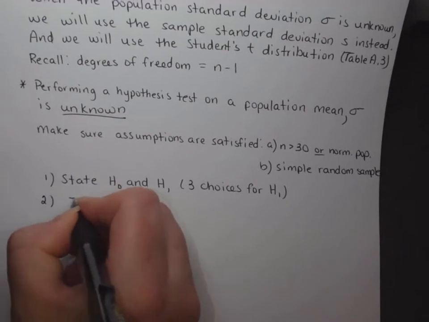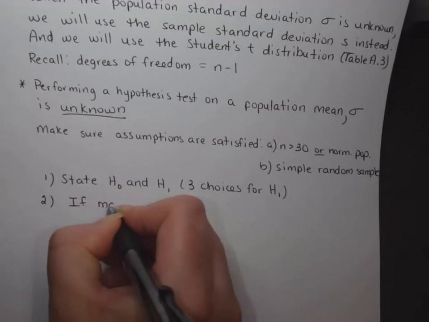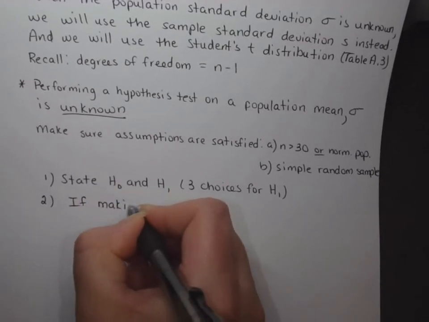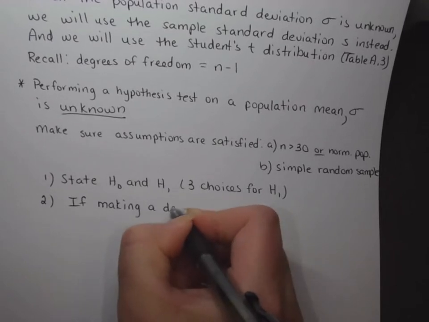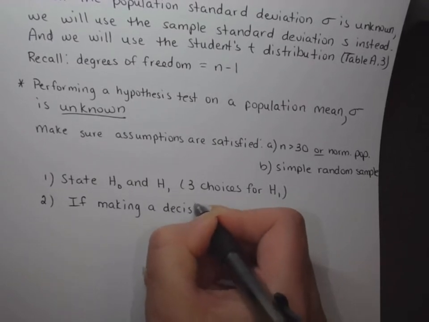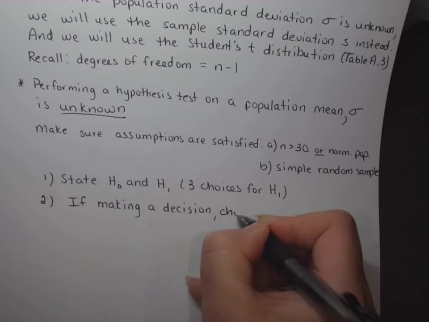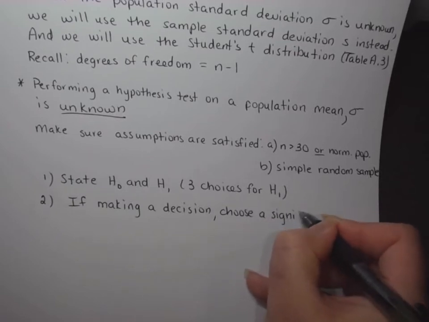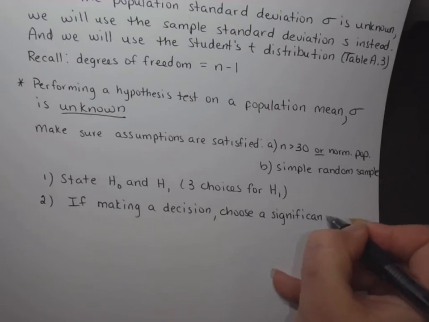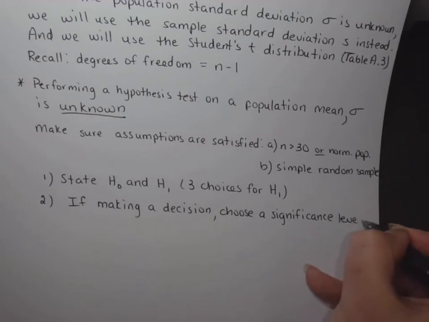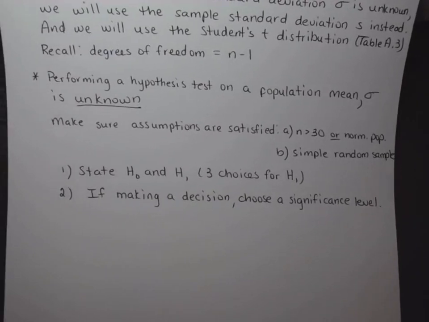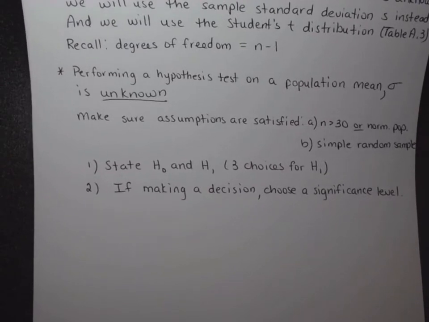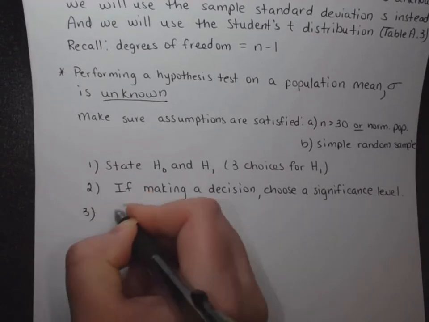Number 2, if you're going to be making a decision, by that, are you going to decide whether to reject the null hypothesis or not? You have to choose the significance level. So in other words, how confident do you want to be with your data? That's kind of what that means.